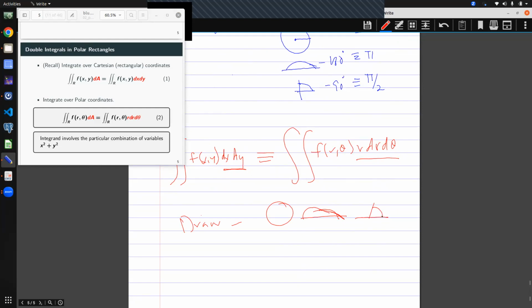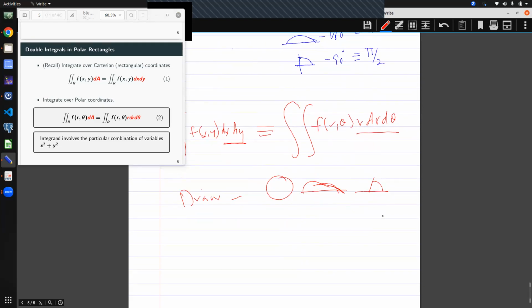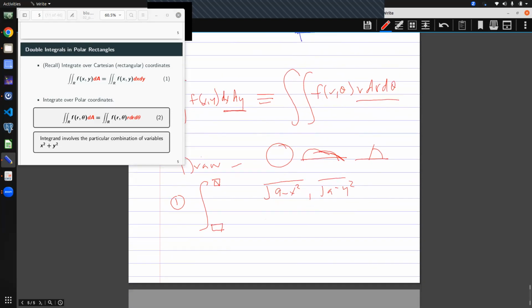If you can't draw, there are things we look out for. Number 1 is that you check the integrand limit. If you see expressions like the square root of a number minus x squared, or the square root of a number minus y squared, something should prompt you that it will be complicated doing the rectangular approach, and I have to move to polar.